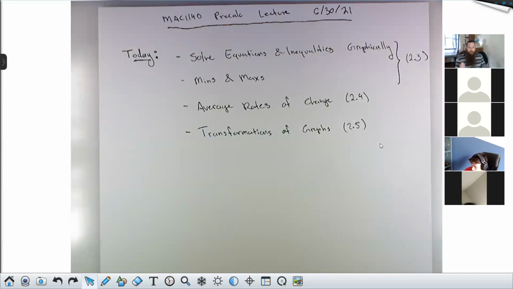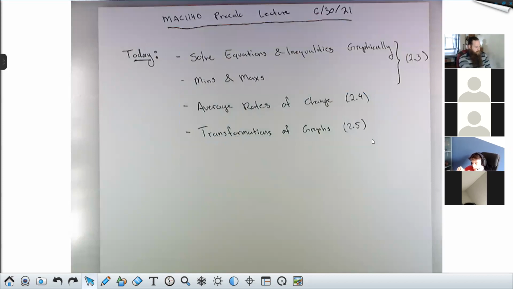And most of the functions that we're going to be graphing here and in Calc 1, you'll be able to draw by hand by thinking of them as transformations. So I would take 2.5 especially seriously. All right, 2.4 and 2.5 are going to be on the second homework set, which I'll be publishing later today, and we'll be doing next Monday as well.